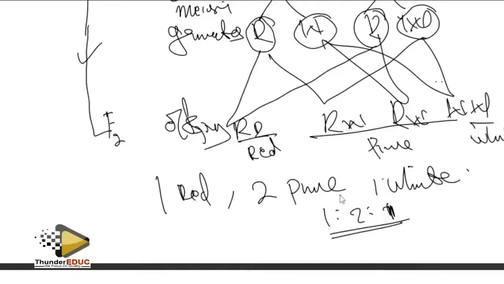If they ask you what is the percentage of individual plants which were red, then you have to say it's 1 out of the total, which is 4, times 100. Then you give us the answer as 25%. Please don't forget that.